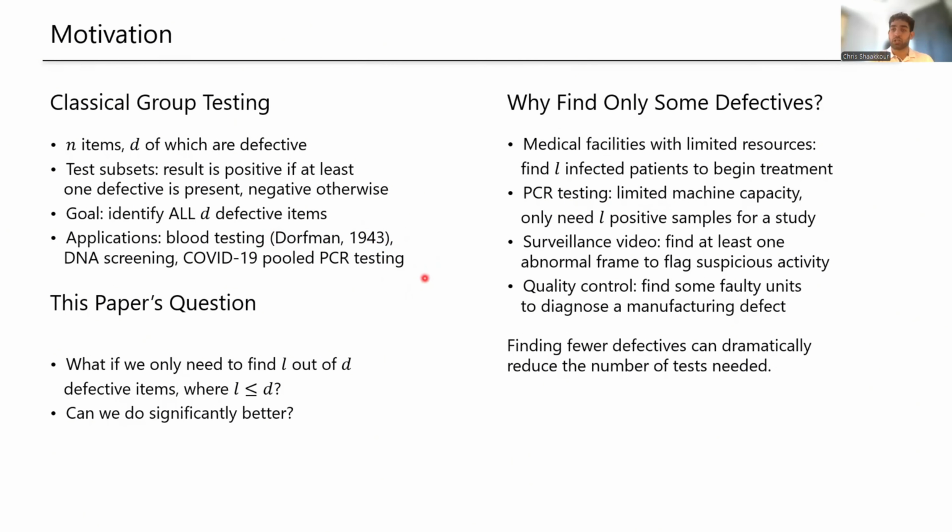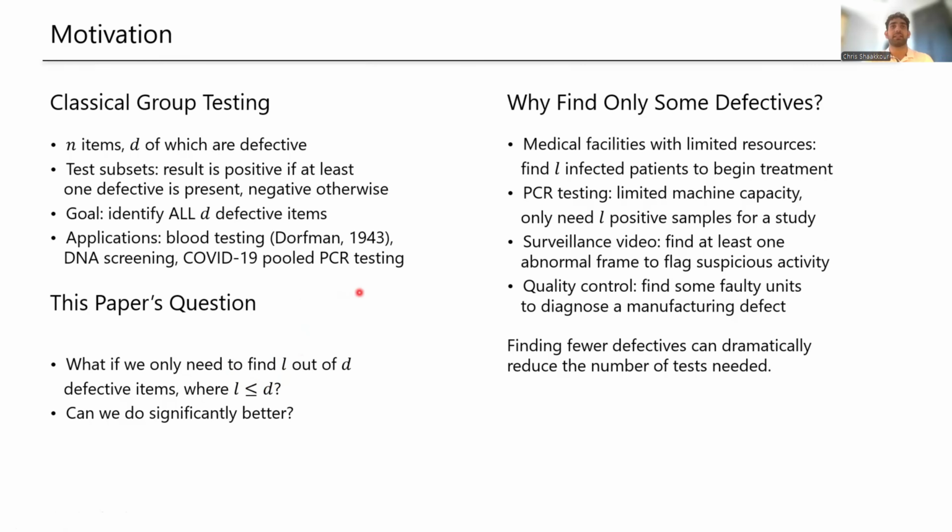Because in large groups where n is very big and the number of defective items is also big, we might be able to get our answers by detecting less than d, a small l. Usually l is smaller or equal to d, the total number of defective items in the group. So the paper questions this idea and asks if we can do better in terms of algorithm time complexity.